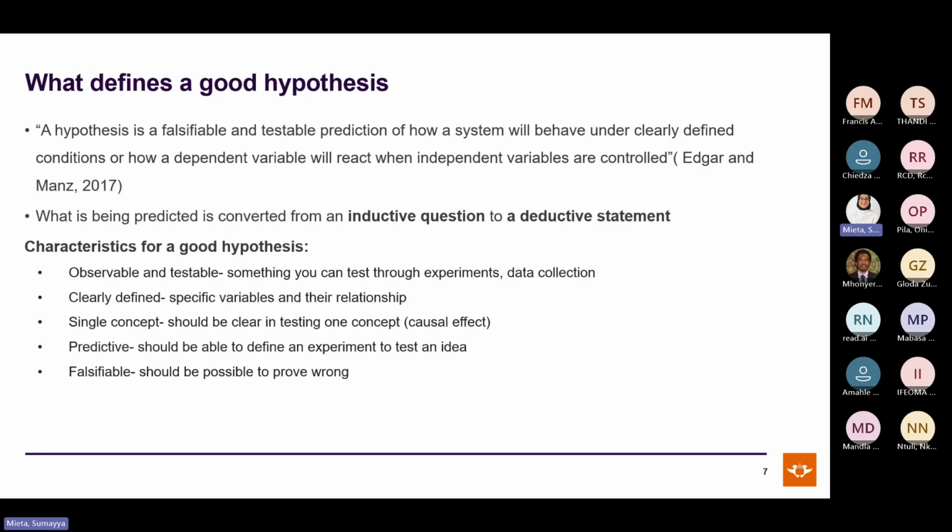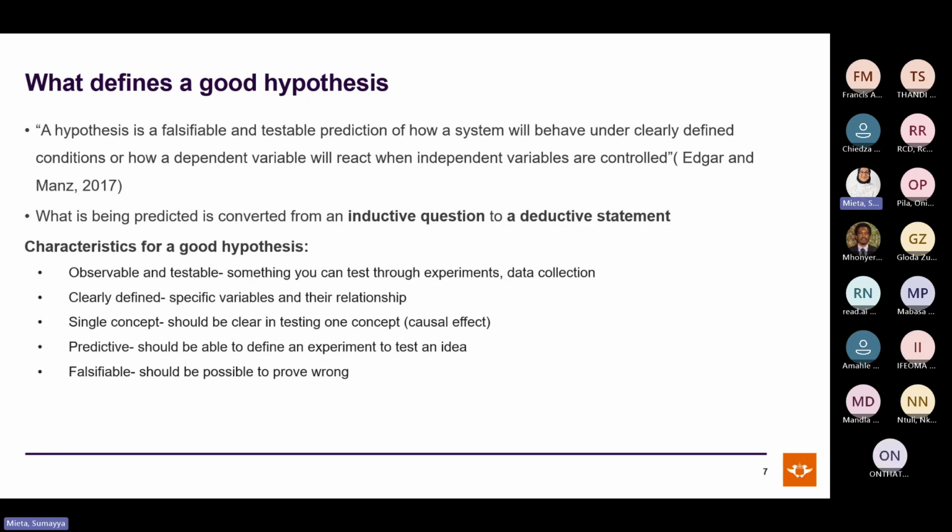So you do not want a hypothesis that has 4 different ideas that you want to test. The hypothesis should be the overarching statement that by doing this, you are going to achieve that, okay?